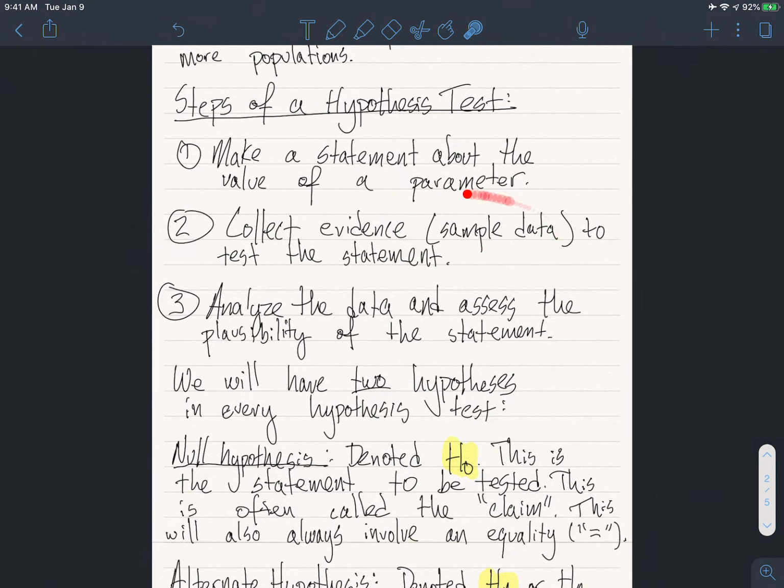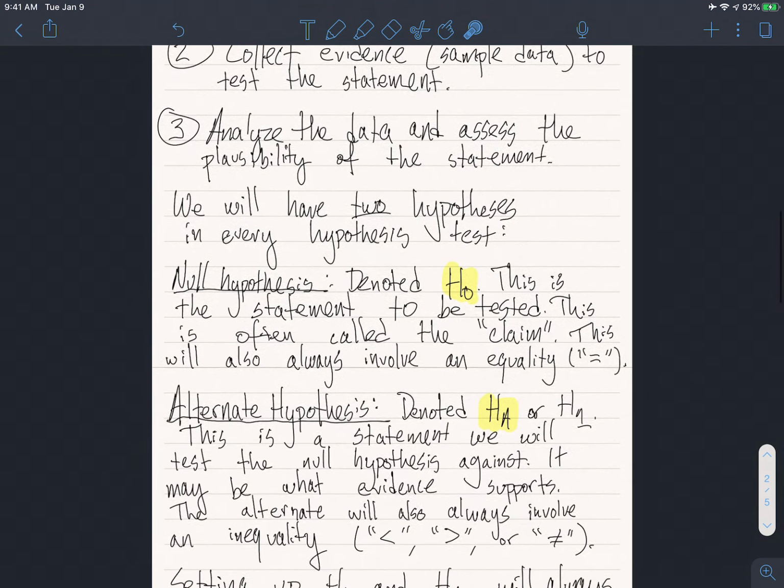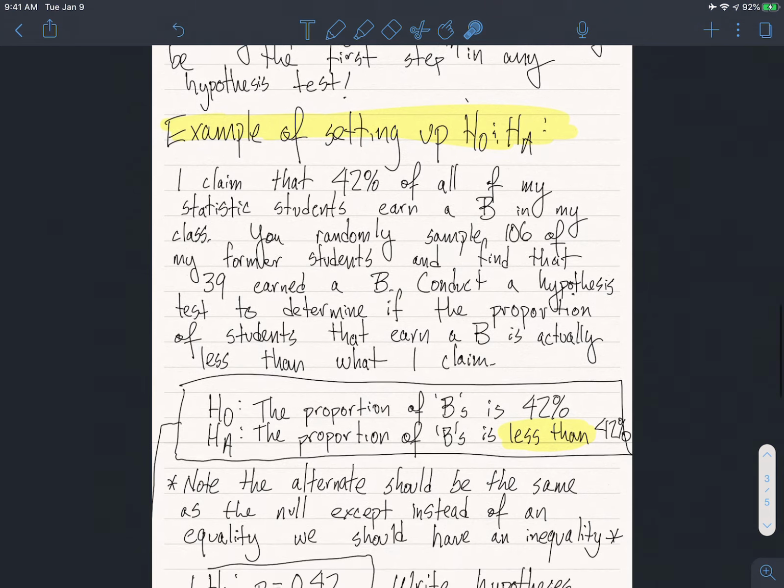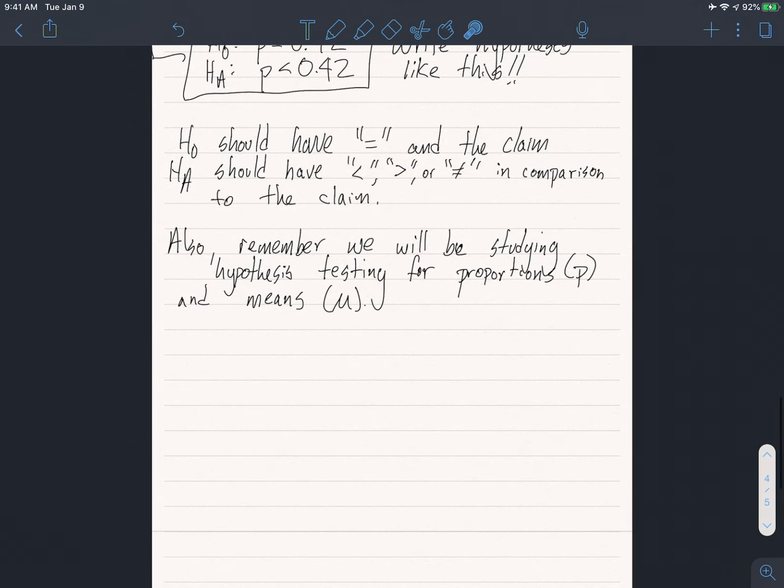Some math goes on here, and then we analyze the data and assess the plausibility of the statement. So we're going to be skipping this middle part of actually doing the math to test. I'm going to jump straight down to the possible conclusions we can make. And then the next two sections, 10.2 and 10.3, will go over that middle step. How do we actually do it mathematically? So let's jump to the conclusions.